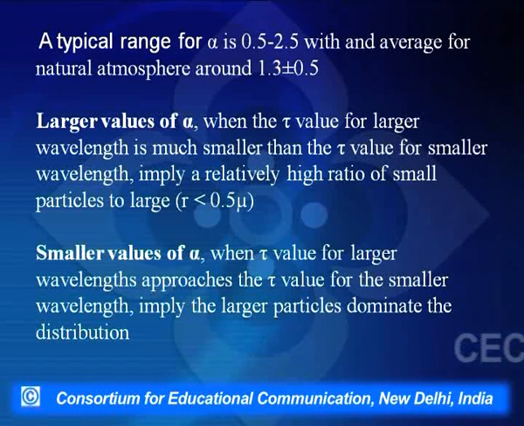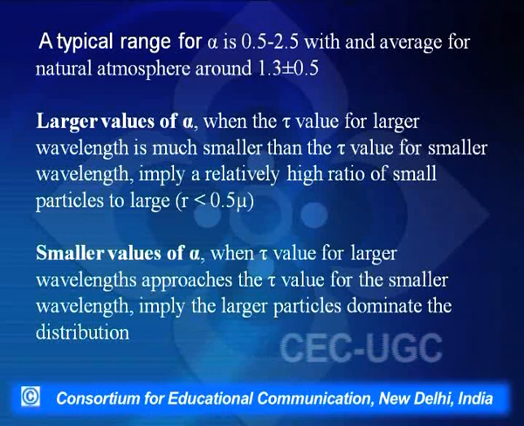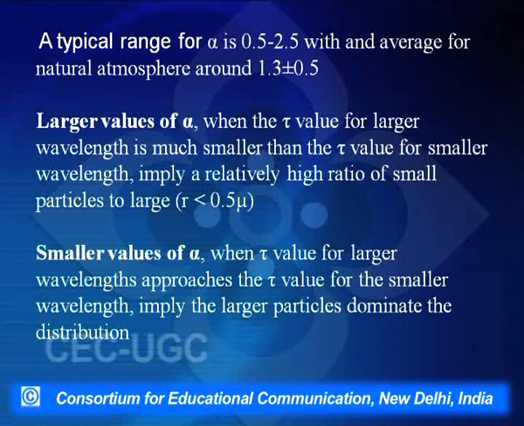And what happens when alpha's value is very large? If alpha's value is very large, provided the tau value for a larger wavelength is much smaller than the tau value for a smaller wavelength, it shows that the ratio of smaller particles is very high.